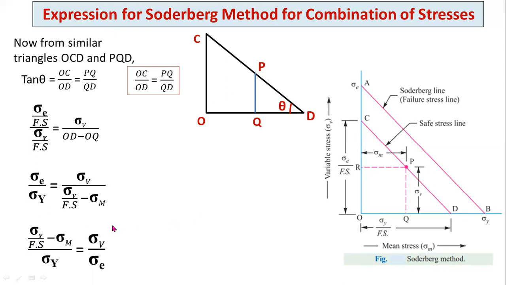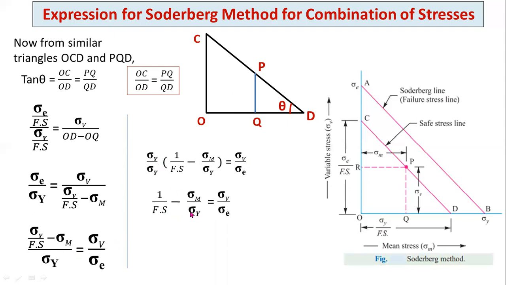From this equation, you have to separate the value of 1 by Fs. That's why I'm taking sigma Y in both numerator and denominator. Then sigma Y by sigma Y equals 1 by Fs minus sigma M by sigma Y equals sigma V by sigma E. Cancel sigma Y in numerator and denominator.